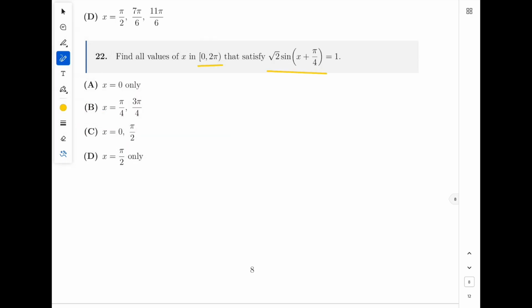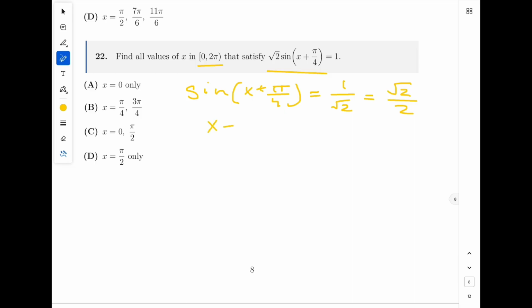You will begin with dividing by square root of 2 on both sides. So sine of x plus pi by 4 is 1 over square root of 2, or equivalently root 2 over 2. And when is sine root 2 over 2? Well, it's at pi over 4 and 3 pi over 4.